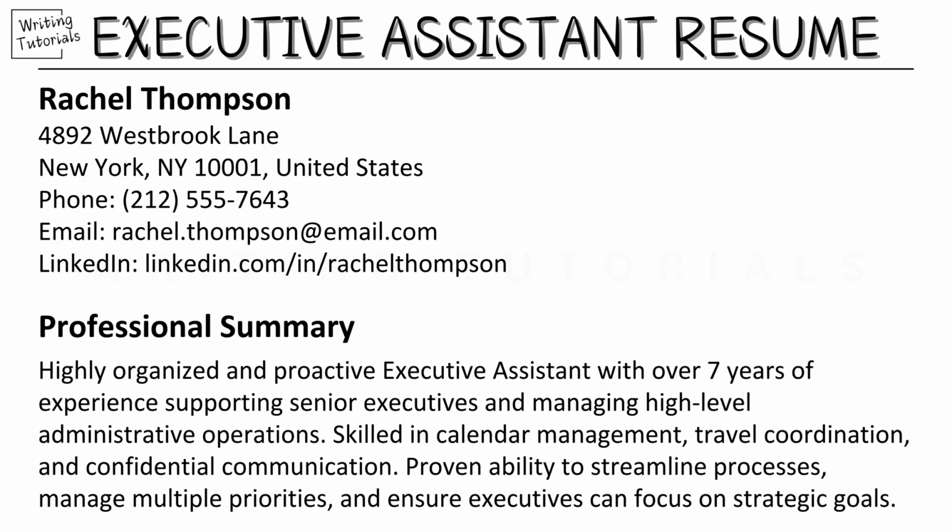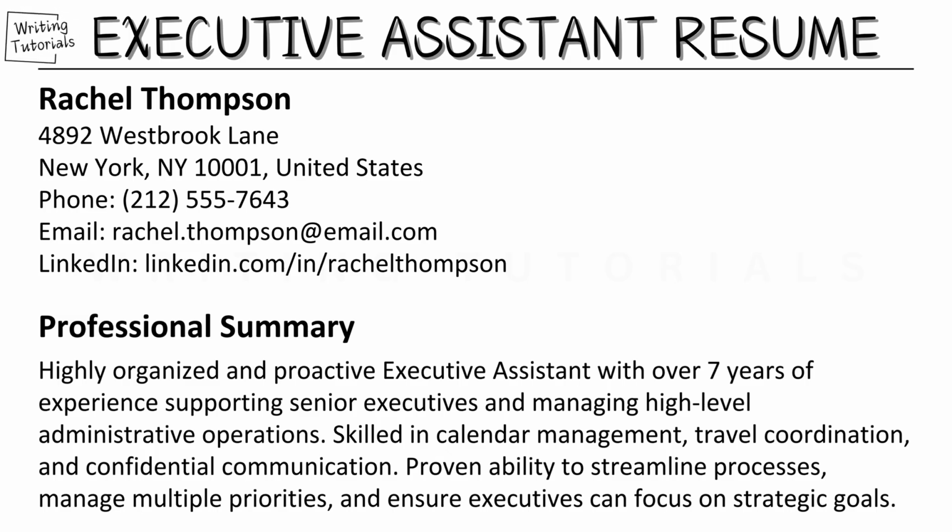Now let's break this down sentence by sentence. The first sentence says, highly organized and proactive executive assistant with over 7 years of experience supporting senior executives and managing high-level administrative operations. This introduces who you are and your experience level. Words like organized and proactive are very important for this role. The second sentence says, skilled in calendar management, travel coordination, and confidential communication.